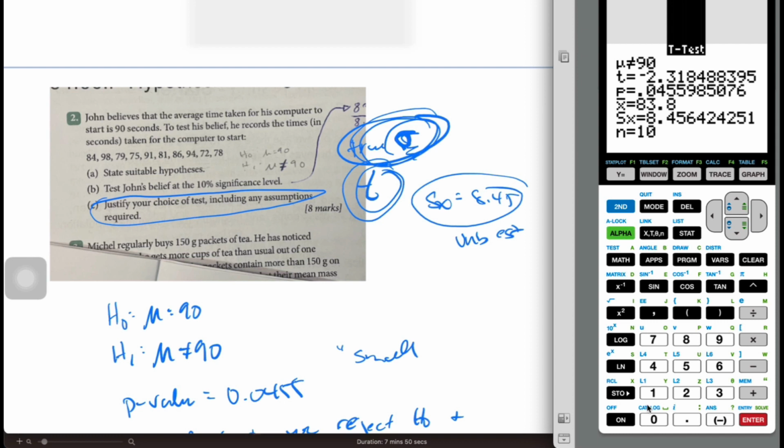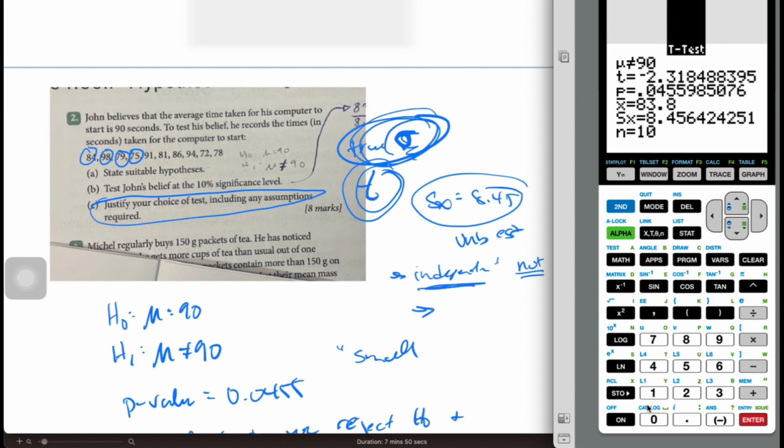Well, the next thing to think about is each of these particular times to open up the computer, are they independent of each other? And I would probably argue that they're not independent. It's hard to know, but that is an assumption we have to make.